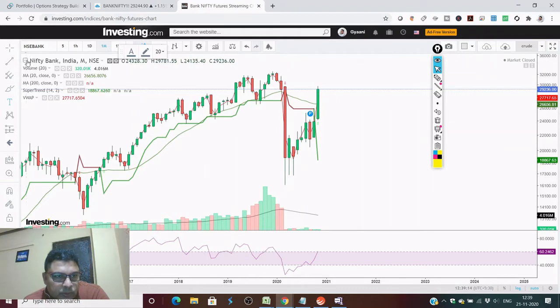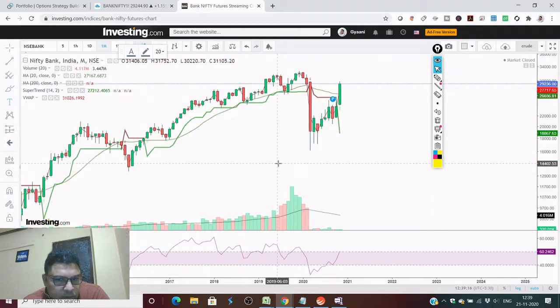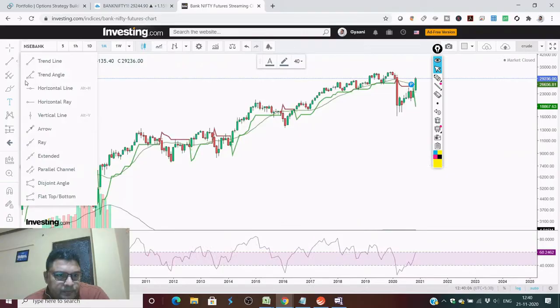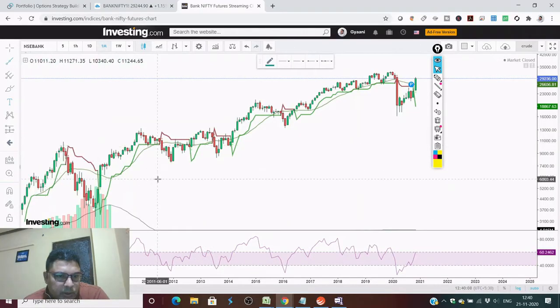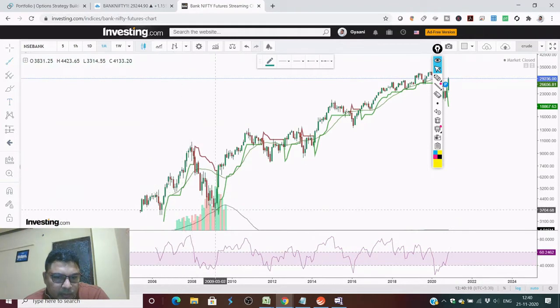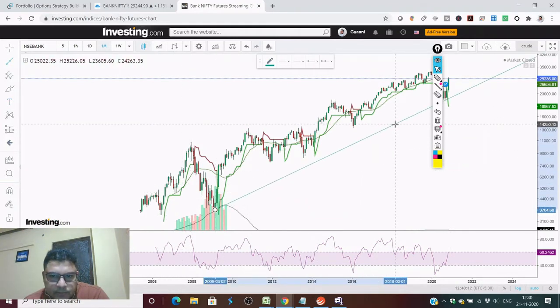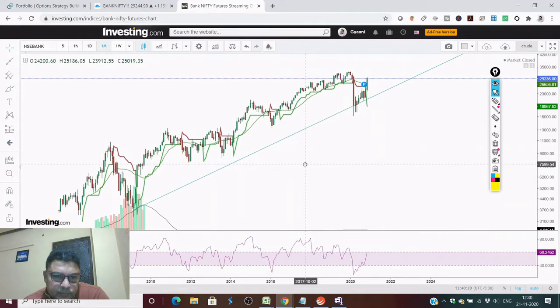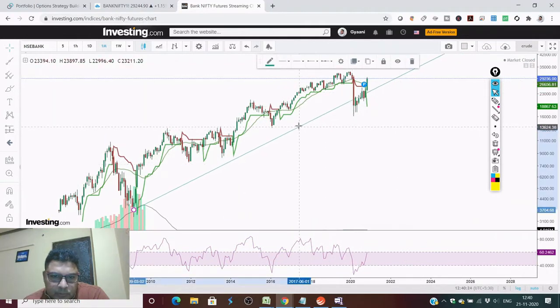So this is a futures chart. Let's see, it has to load. Draw a trend line from the bottom to see how the market is doing.